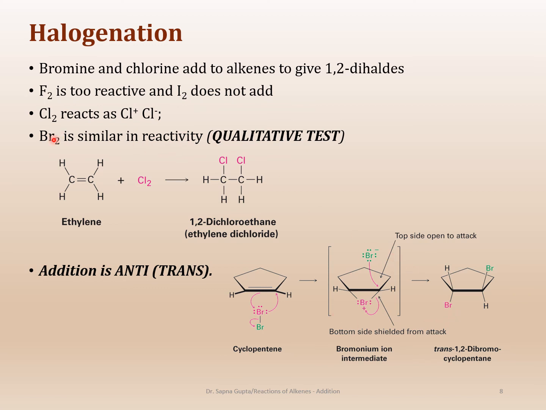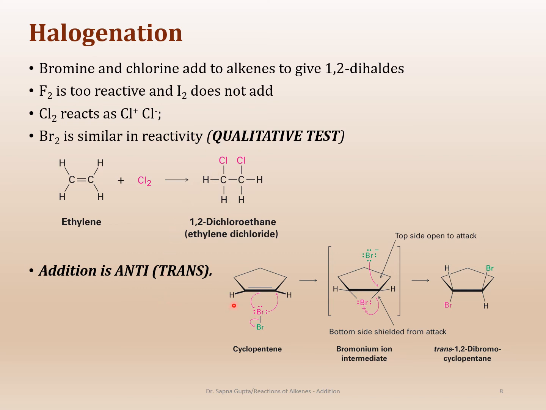So in any case, bromine and chlorine are the ones that we will work with. Note over here the qualitative test with bromine, which I will talk about in a minute. Anyhow, here's the addition reaction where you have an alkene. You add chlorine to it, and a 1,2 addition of chlorine happens.